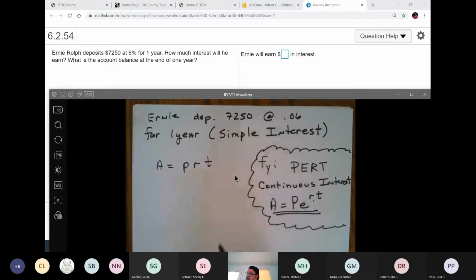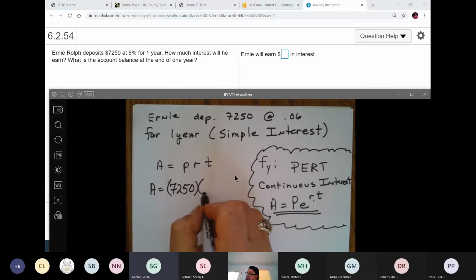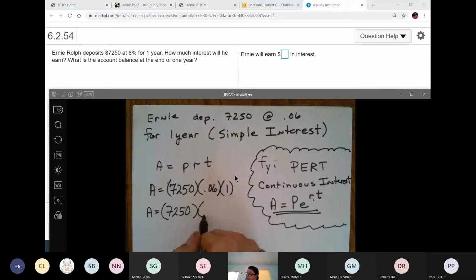So A is equal to 7250 times 0.06 times 1 year. Now, I'm going to do this because I want to. 7250 times 6, well, that's too much to do in my head.